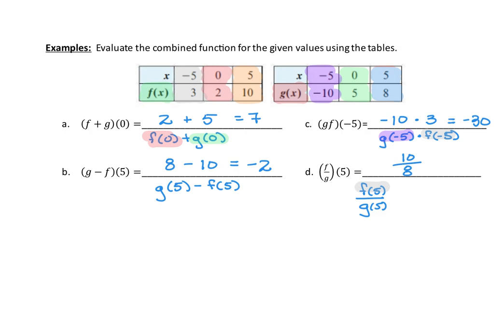We're going to go f of 5 divided by g of 5. And when we simplify this, we get 5 over 4.